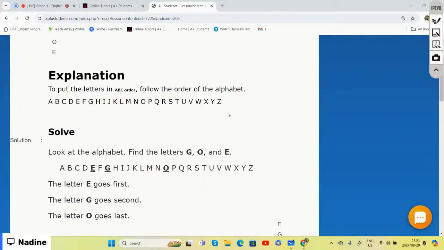We already identified that we can find the words, and then based on the words that we find, now we put them in alphabetical order in order to see which letter comes first.